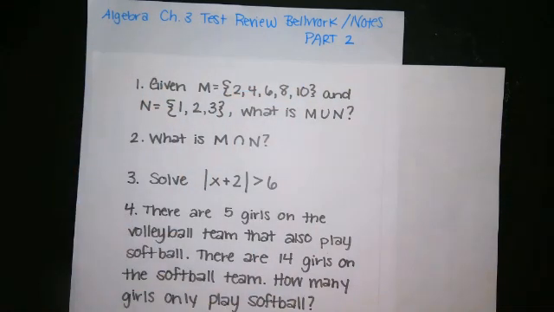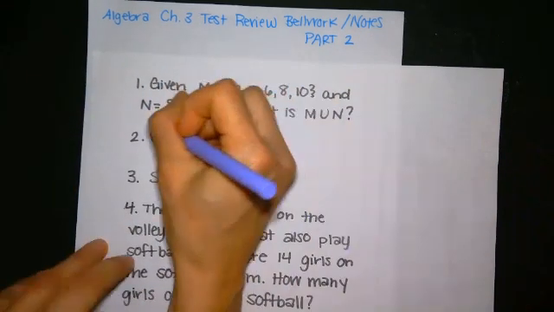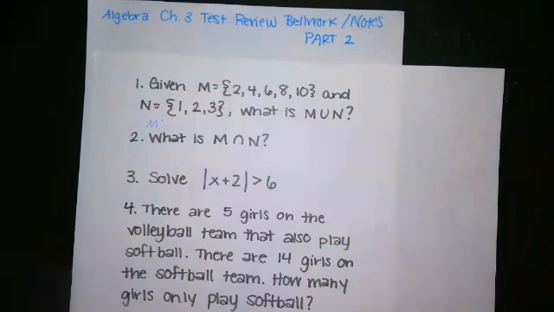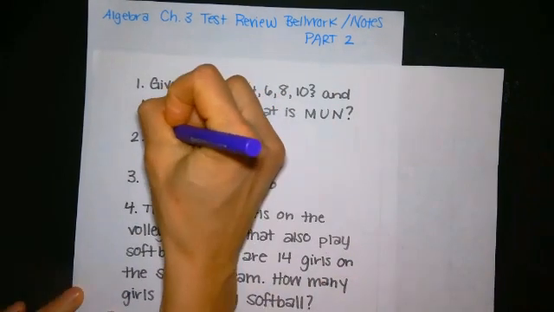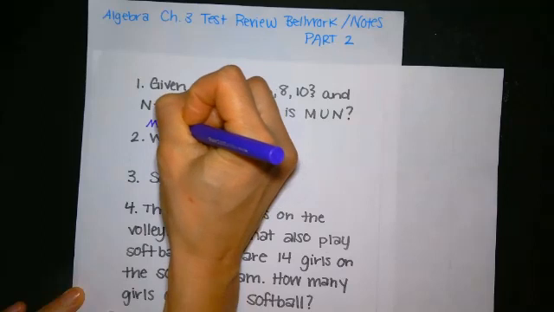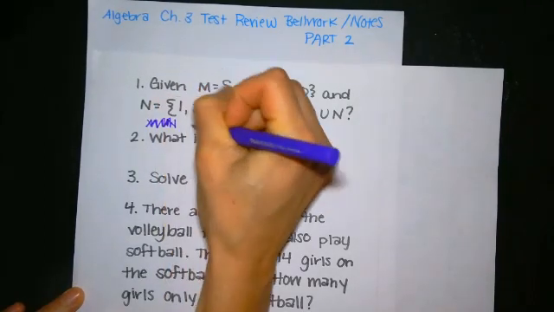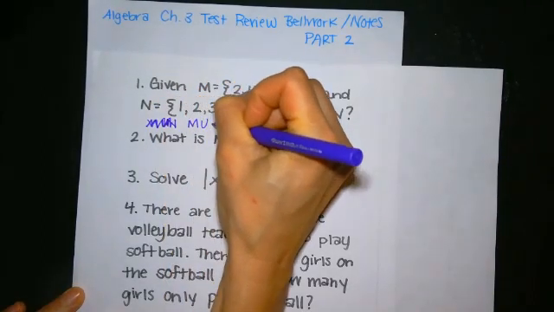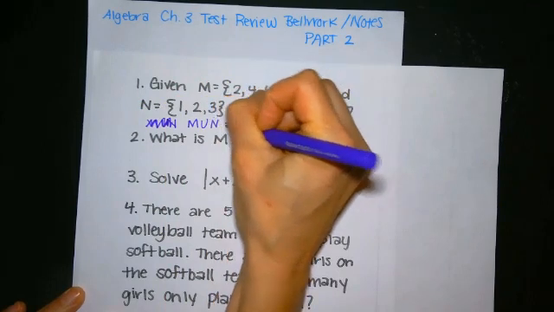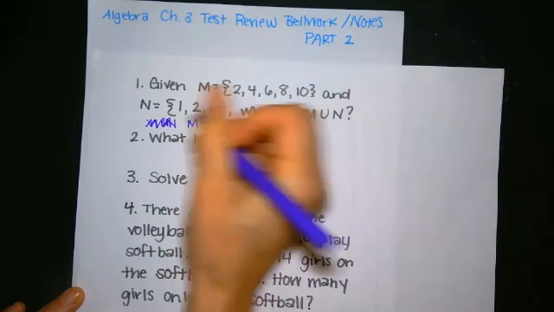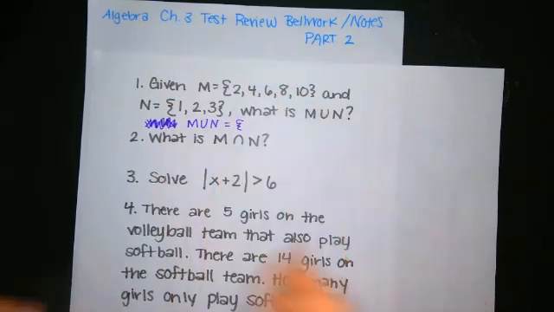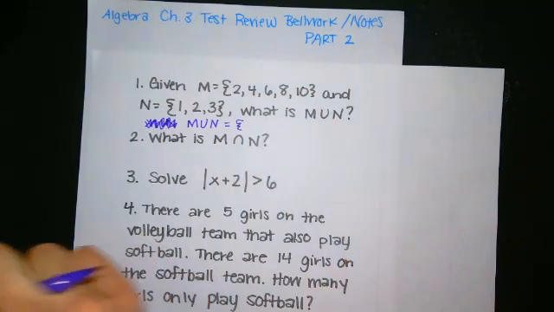And so the way you would write this is you would say M union N equals this set. And so what you want to do is list every single element in order.